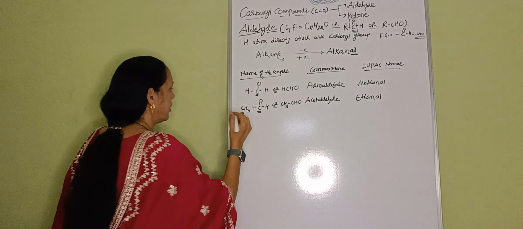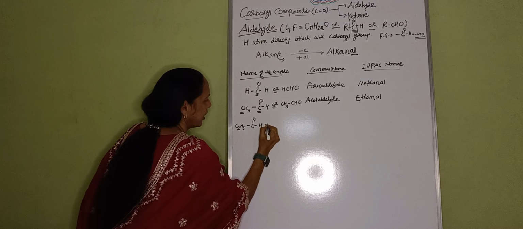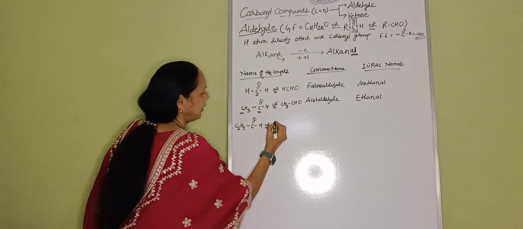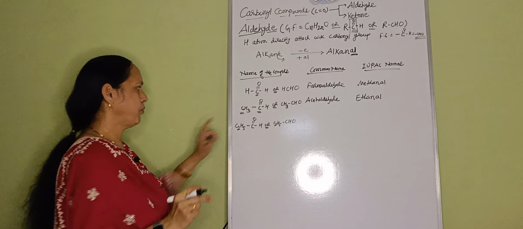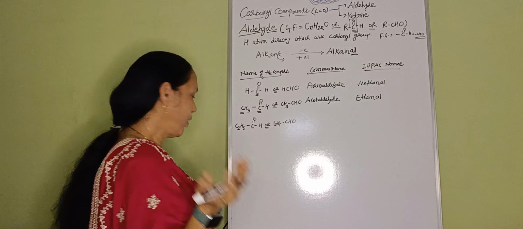If I write the third member of the family, C2H5 means ethyl group, C double bond O and H. What condensed formula do I need to write? C2H5CHO. Now, the common name of the compound. Common names are a little bit more difficult than the IUPAC name.